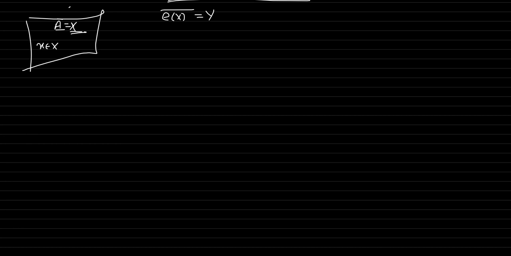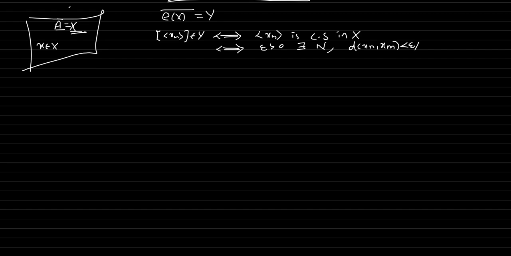Now consider an element, a sequence xn from Y, and this is an element of Y if and only if the sequence xn is a Cauchy sequence in X. By the definition of Cauchy sequence, for each epsilon greater than 0, there exists a natural number, positive integer N, such that d of xn, xm is less than epsilon by 2 for all n, m greater than or equal to N. Here we are considering less than epsilon by 2.